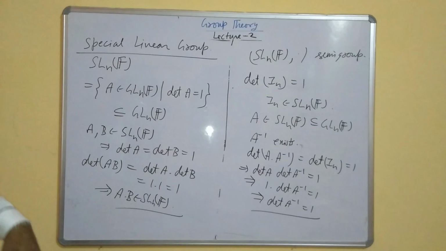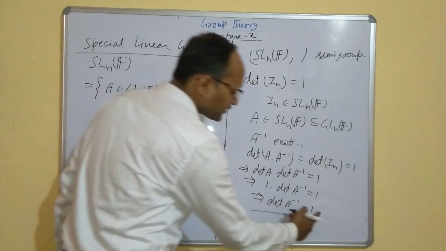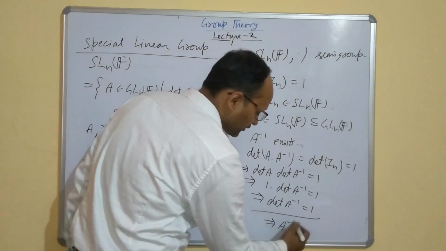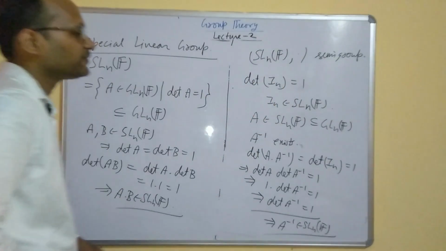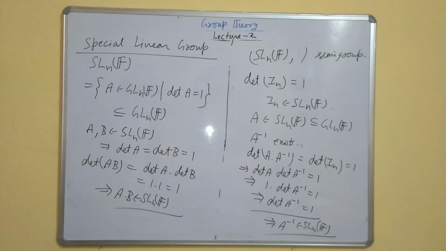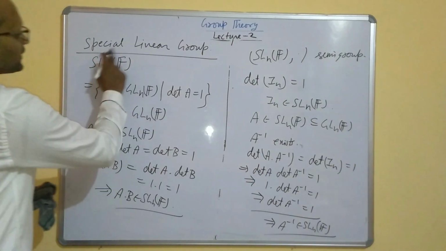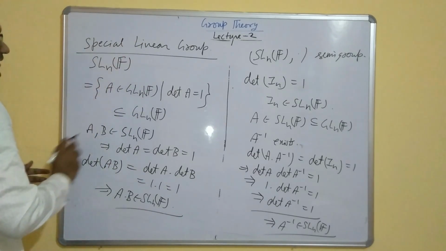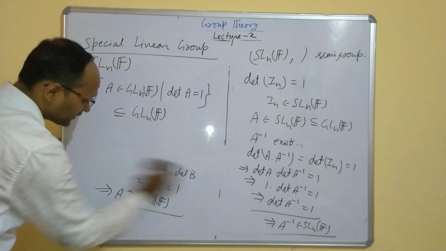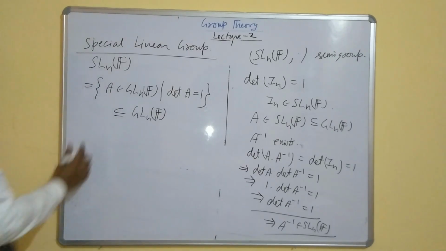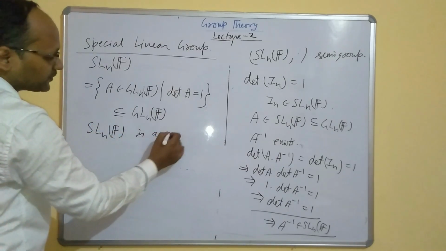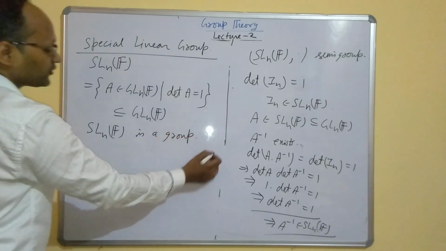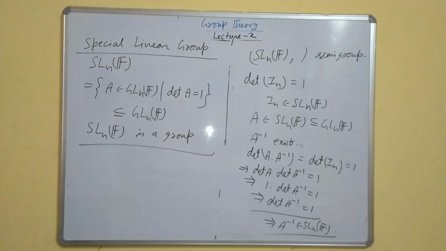So the inverse matrix has determinant 1, so A inverse belongs to SLnF. So if A is in SLnF, then the inverse is also in SLnF. So it means SLnF is a group, and that group is called a special linear group. So SLnF is a group with respect to multiplication of matrices, and that is called a special linear group.